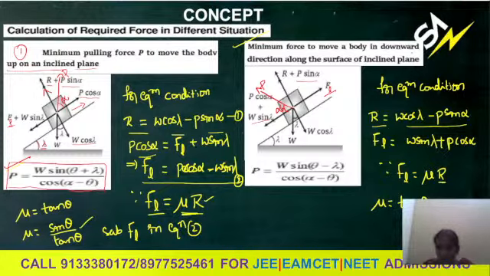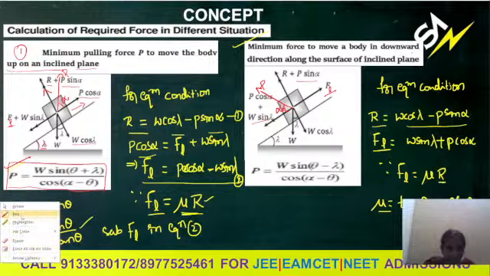And from this we can write sin theta by tan theta is nothing but sin theta by cos theta. Substituting the mu value and R value here, we can find the minimum force to move a body in the downward direction.